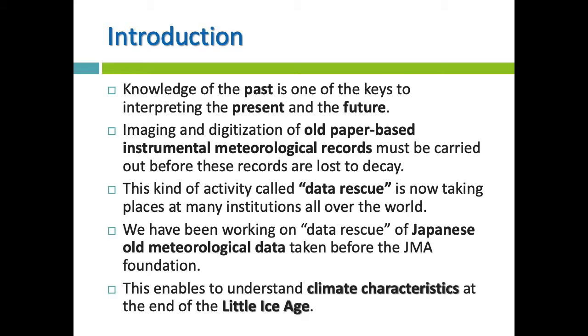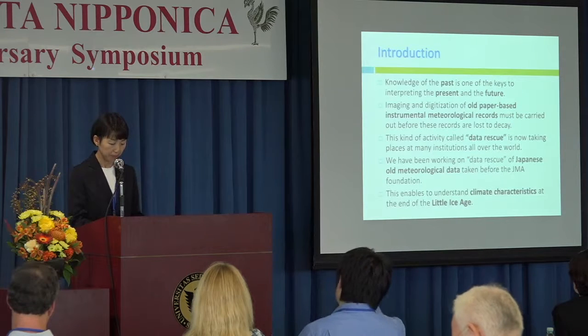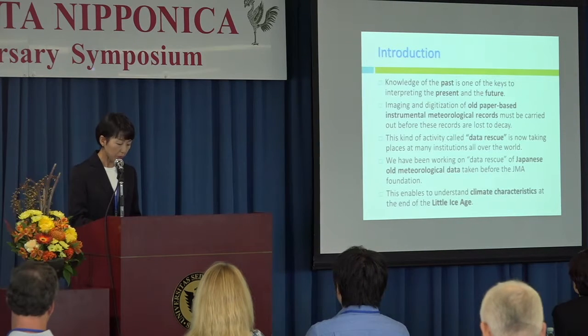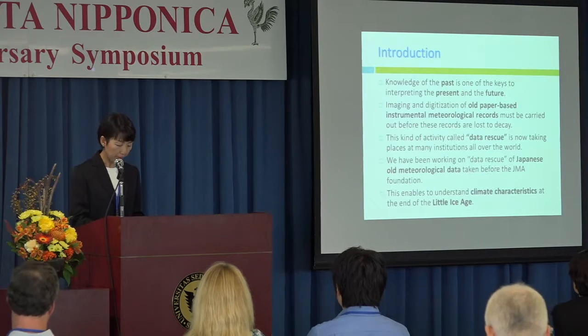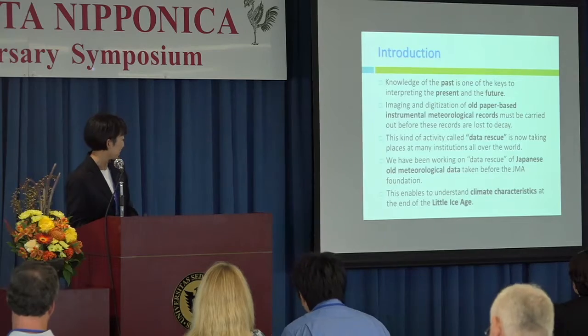We have been working on data rescue of Japanese old meteorological data taken before the Japan Meteorological Agency Foundation. This enables us to understand climate characteristics at the end of the Little Ice Age.